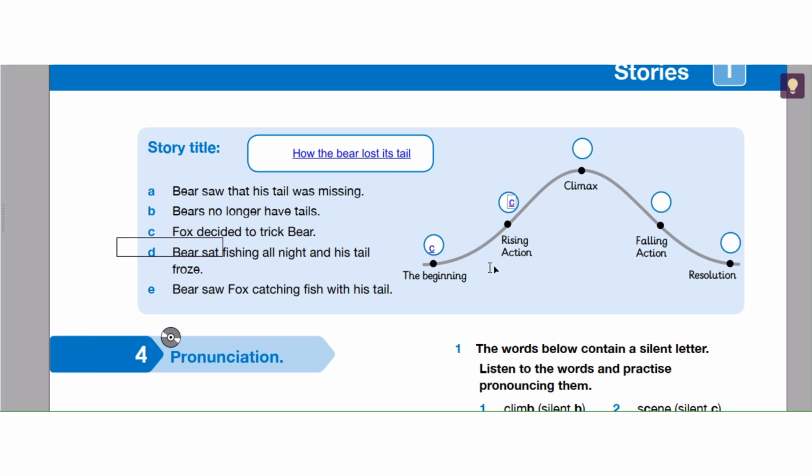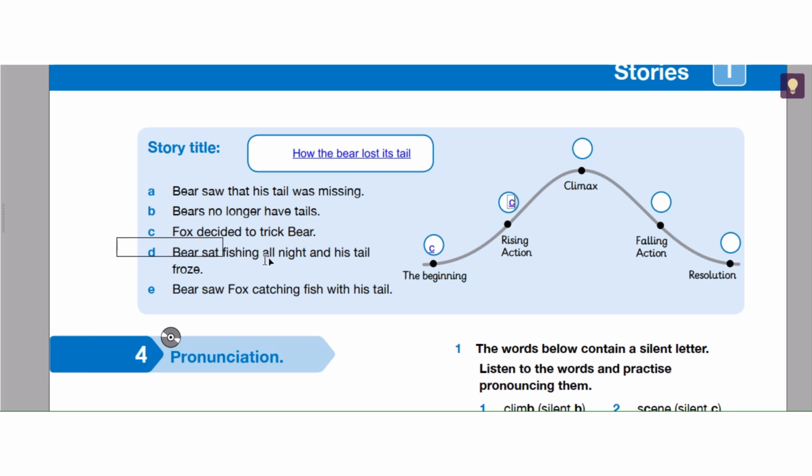Now you have to pause or stop the video and try to put these five sentences into climax, falling action, resolution. Now pause it. Think before you ink. Look before you leap. Okay, we move to the climax. Where is the climax?